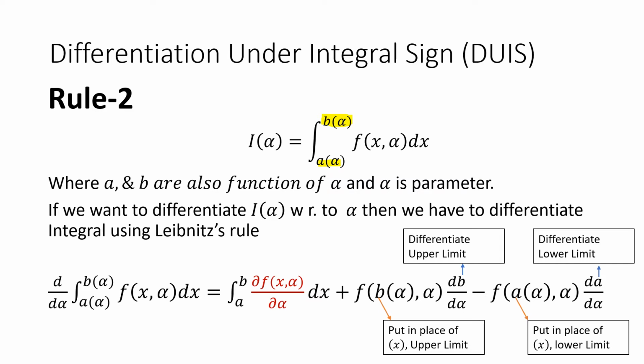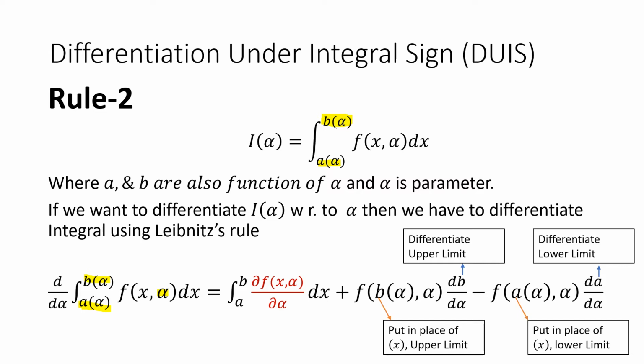I'll just elaborate all the things here. In this integral we are getting alpha in three places. First we are getting f of x, alpha, where alpha is the parameter. Second we are getting a of alpha as the lower limit, and the upper limit b is also a function of alpha.